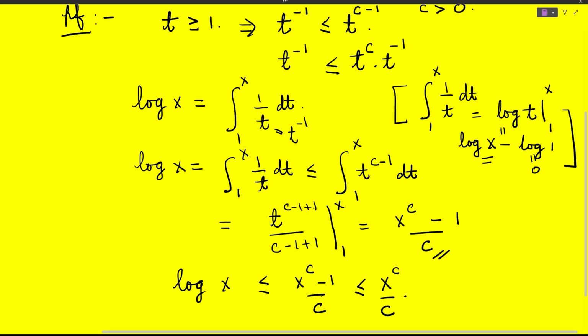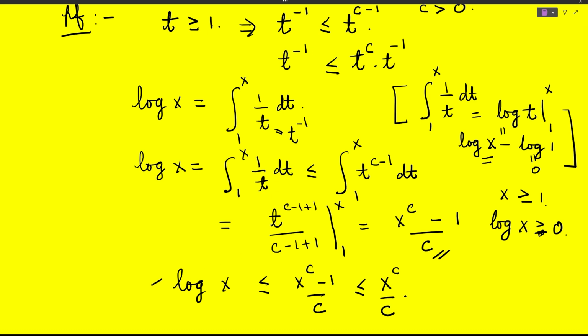In this case, I'm also assuming that x is bigger than or equal to 1, so that assumption also goes in. Because x is bigger than or equal to 1, log of x is bigger than or equal to 0. It's bigger than 0 if x is bigger than 1, and there's equality if x is 1.